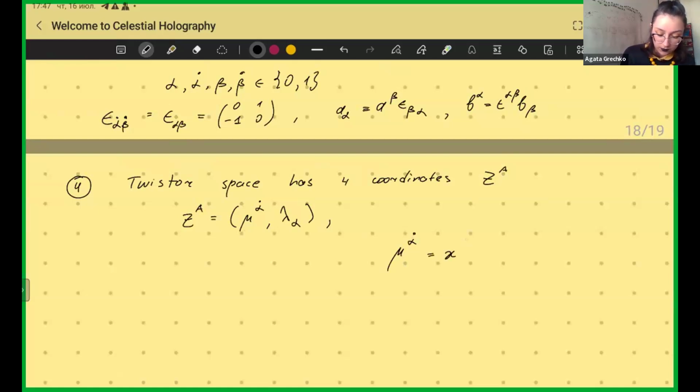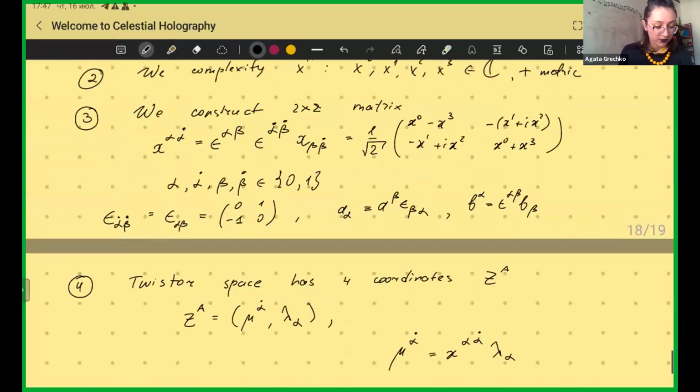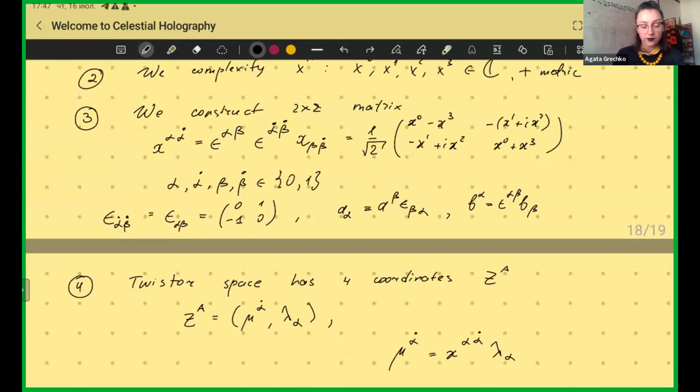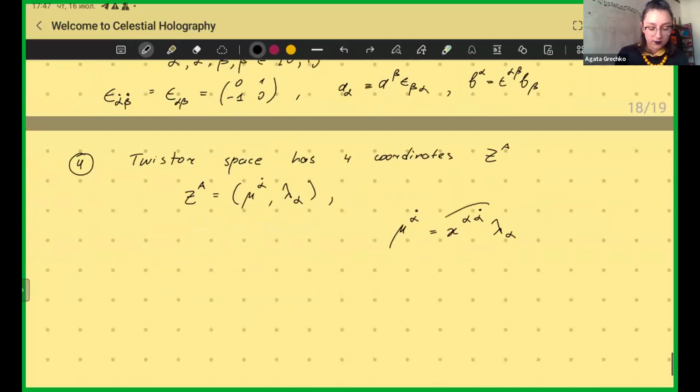So this is the following connection. We have constructed our matrix out of just complexified Minkowski spacetime, and these coordinates of the twistor space are connected with the Minkowski space in the following manner.